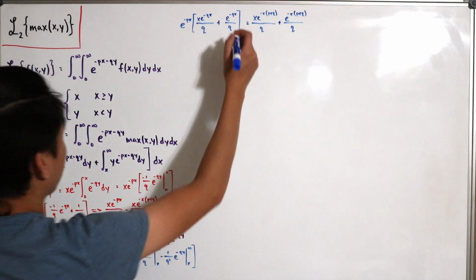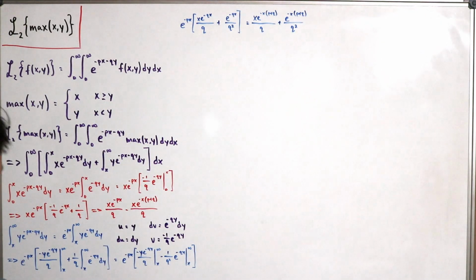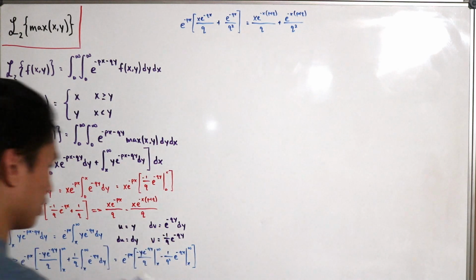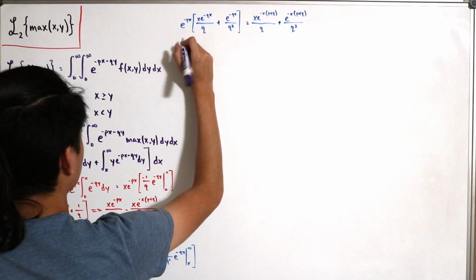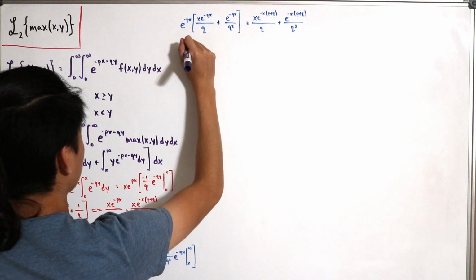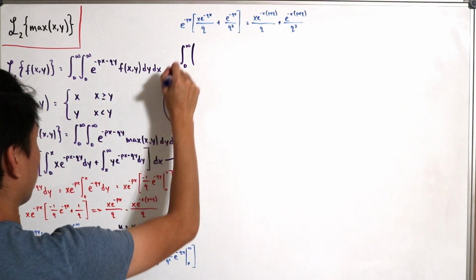Or rather, I forgot there's supposed to be a square over here. Okay, that's better. Let's substitute everything back in. So this is the integral from 0 to infinity. I'll put this in parentheses, in the next spot right here.